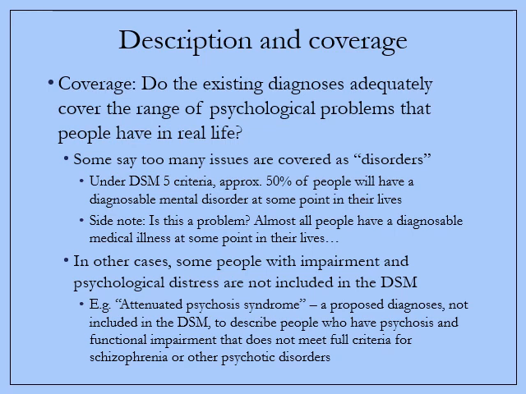We know that there are people in the world who have psychosis and have functional impairment, but they don't meet full criteria for schizophrenia or any other psychotic disorders. Because these people don't get a diagnosis, they also are not able to get treatment. And this can often turn into full-blown schizophrenia.